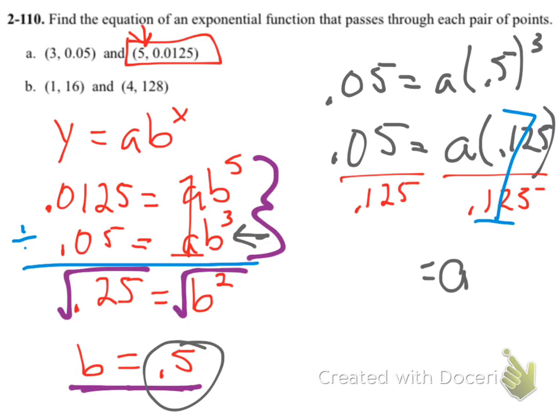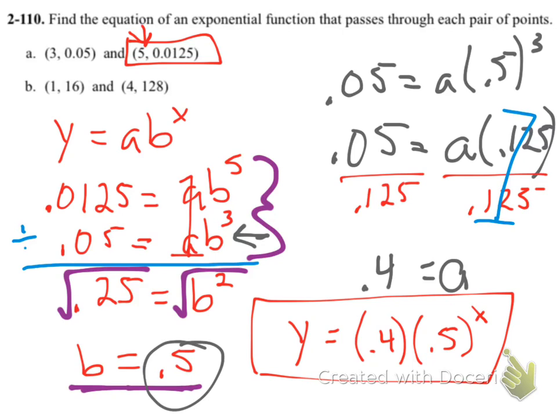And a equals 0.05 divided by 0.125, which is 0.4, or 4/10. That gives me the equation y equals my a value times my b value to the x. There is the equation.